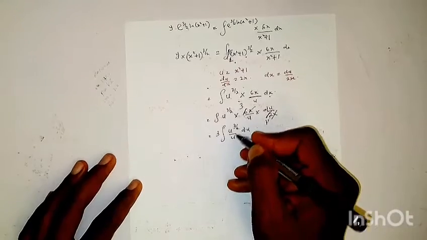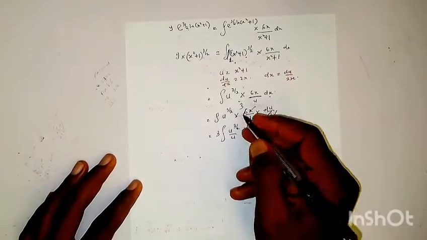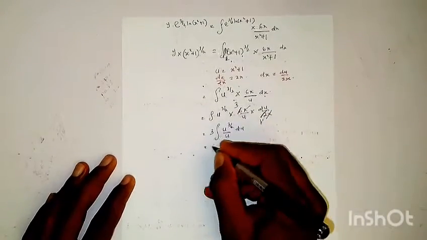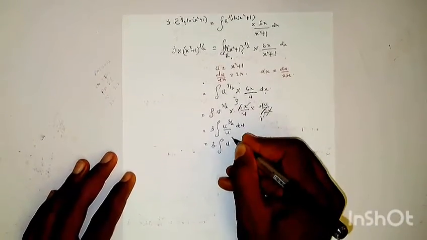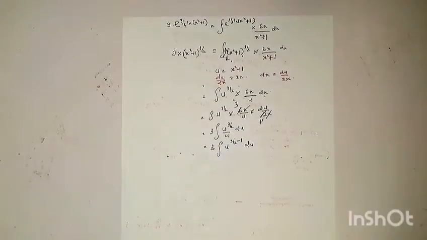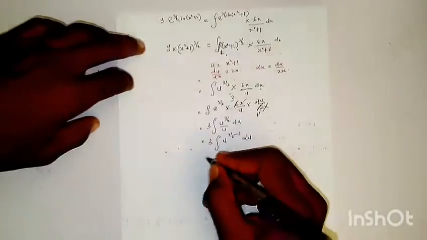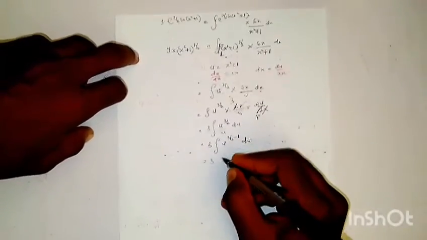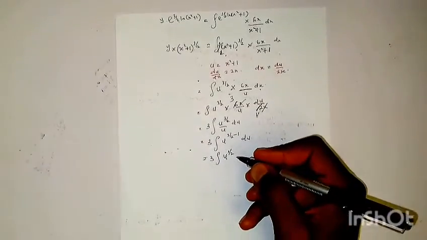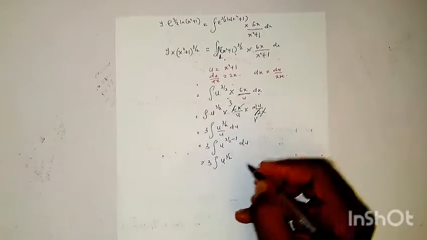Now u to the 3 over 2 over u is u to the 3 over 2 minus 1, applying my indices. This gives me 3 times the integral of u raised to 3 over 2 minus 1 du. Then 3 over 2 minus 1 gives me 1 over 2, so 3 times the integral of u raised to the power 1 over 2 du.